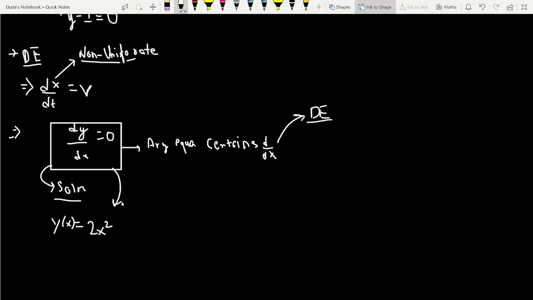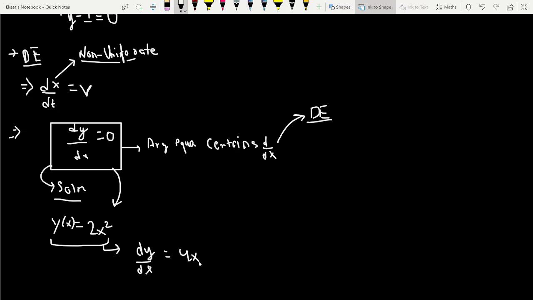How can you differentiate the function? Differentiating it with respect to x will give dy by dx equal to, I think, 4x. So this is the differentiation of 2x squared.